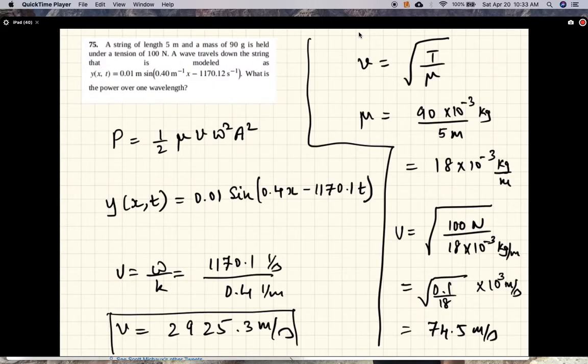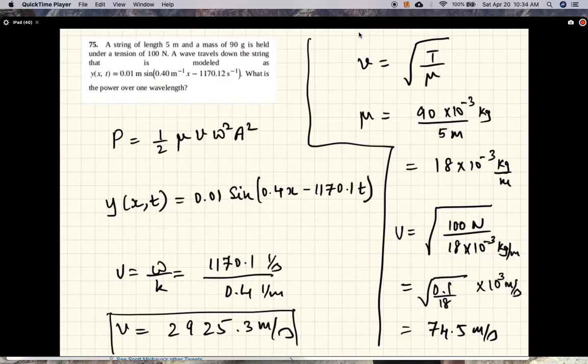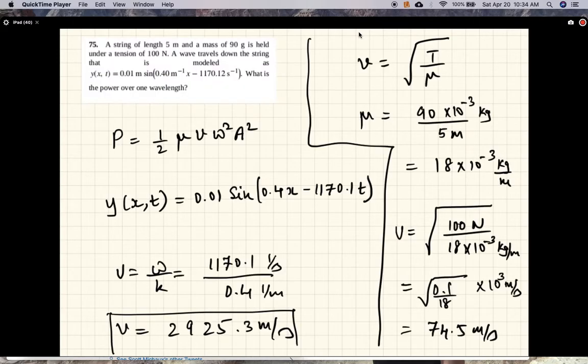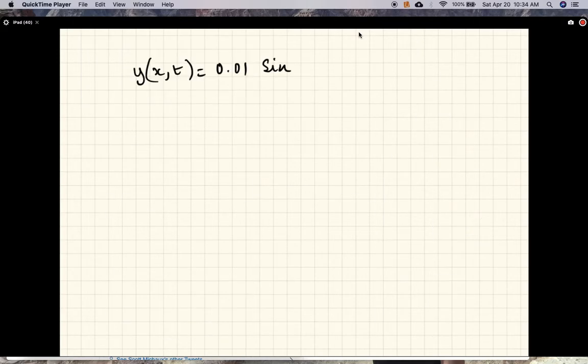We'll add a page. So we will rework this problem assuming y(x,t) is equal to 0.01 sine 0.4x minus omega t, where omega should be 29.8 t.